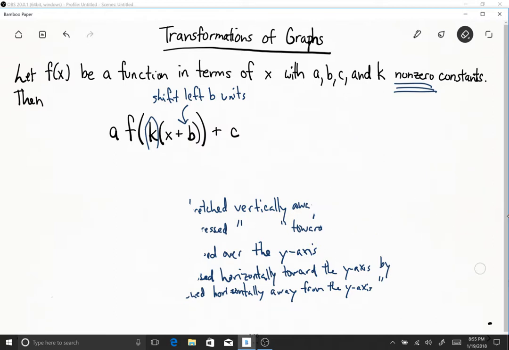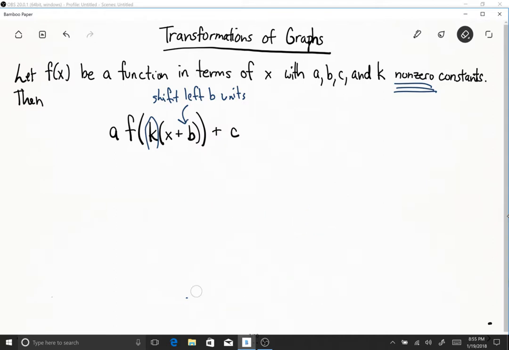And I should warn you that you need to be kind of careful with some of these in terms of the order in which they happen. So let's say we have a negative 4 f of 3x minus 7.